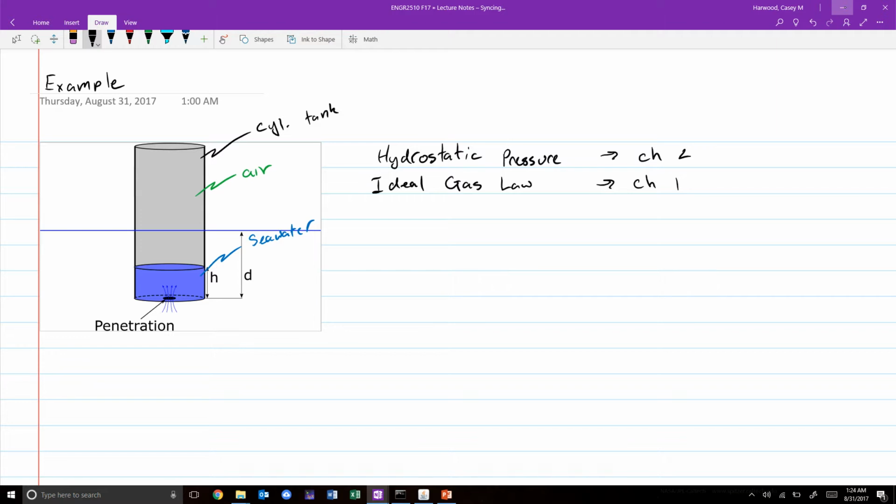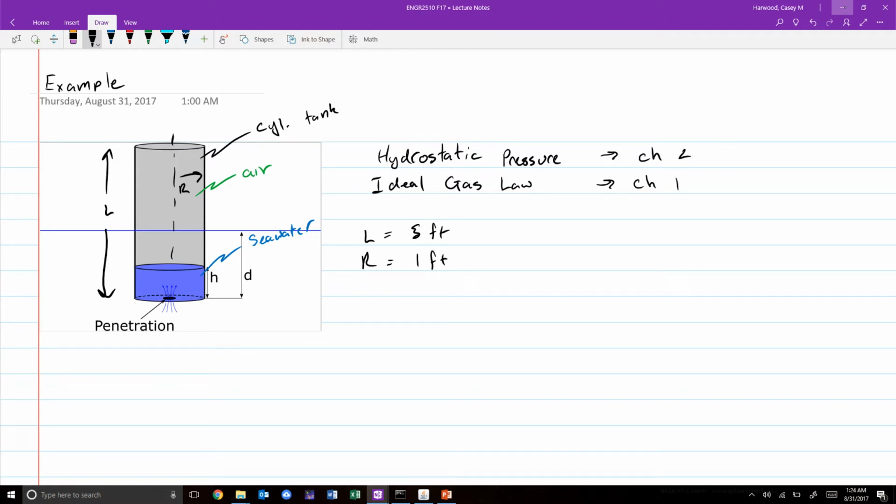So let's go over some of the geometric properties of this problem, right? The cylinder has a total height, which we're denoting as L, equal to 5 feet. It has a radius of 1 foot.